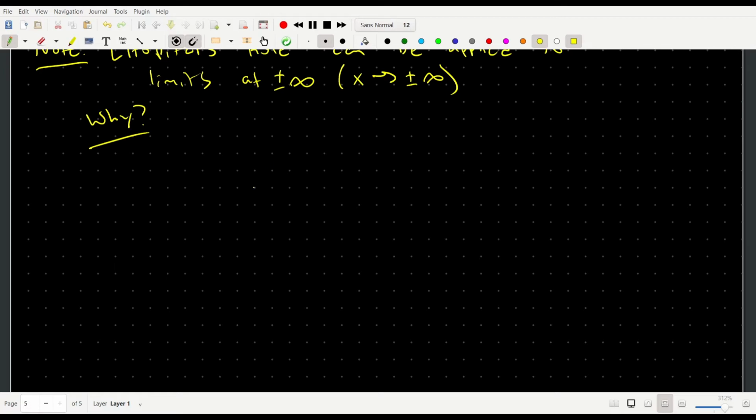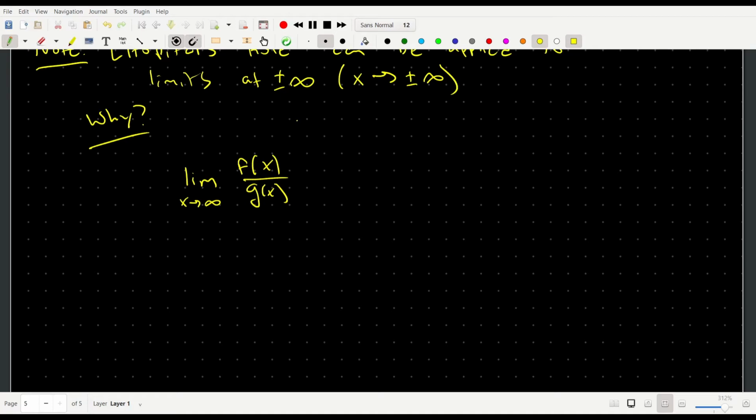So if we have a limit as x goes to positive infinity, say, where we have a ratio f of x over g of x, and this ratio yields an indeterminate form, this limit can be directly rewritten by applying a helper variable.